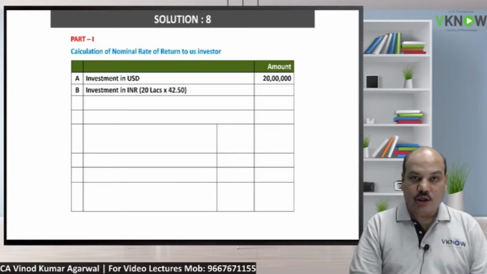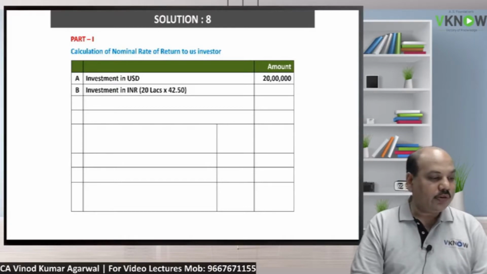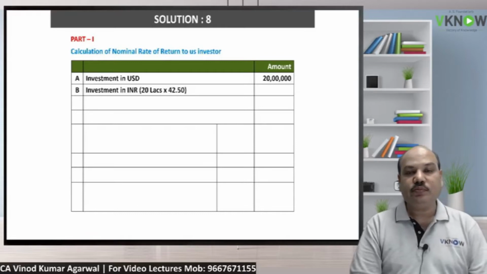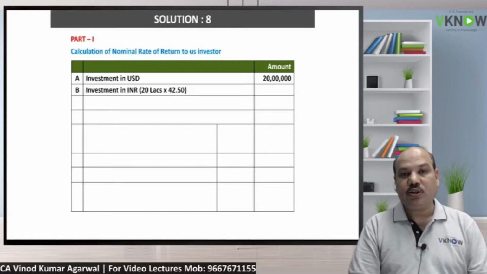And what I'll do, I'll convert into rupees by applying the buying rate on that date. So write down investment in INR, 20 lakhs into 42.50. Give me the answer. 20 lakh into 42.50. It is 8 crore 50 lakh.